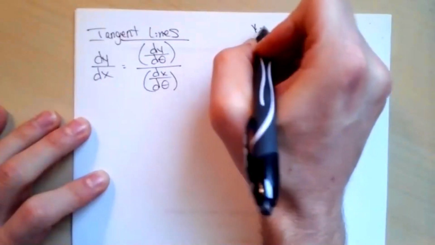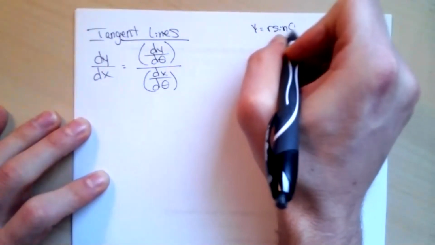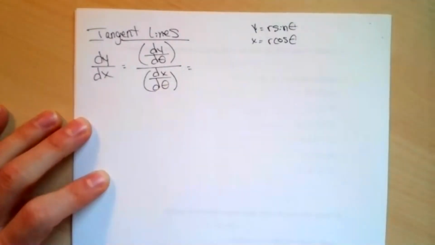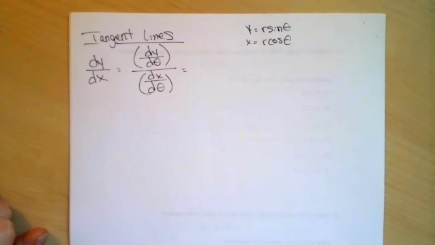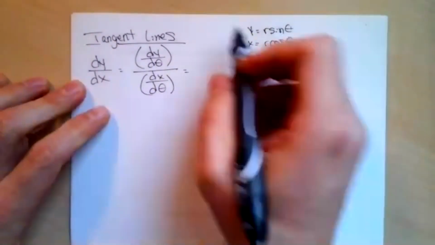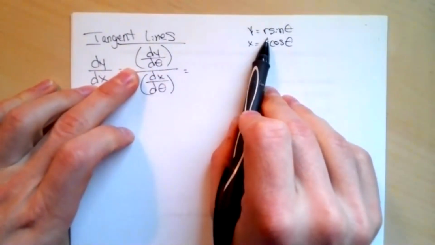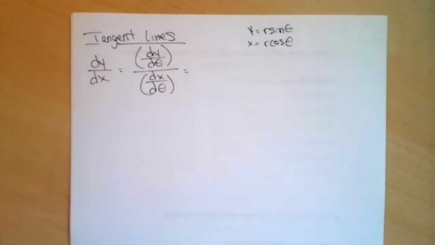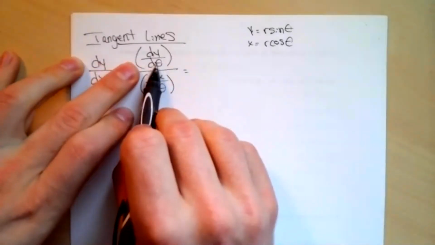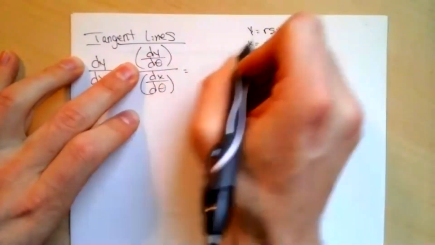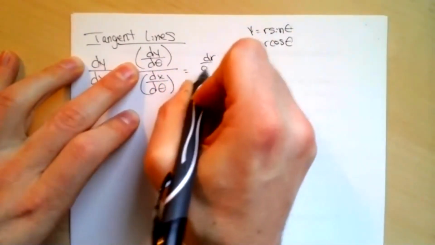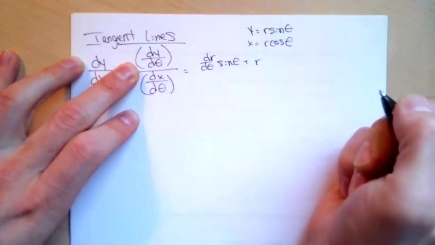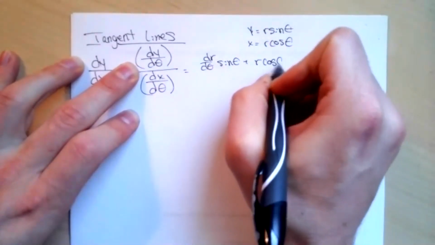And so since we had y as r sine theta and x as r cosine theta, we just compute those derivatives. So dy d theta, now we have to be careful though, because r itself we want to think of as a function of theta. So we've got a product rule here. dy d theta is going to be the derivative of the first term, which gives us dr d theta sine theta, plus r times the derivative of sine theta, which gives us cosine theta.